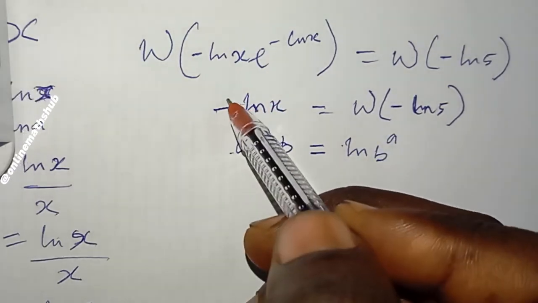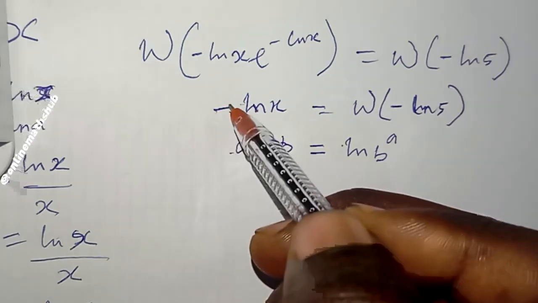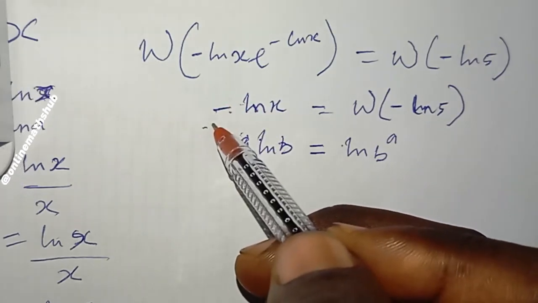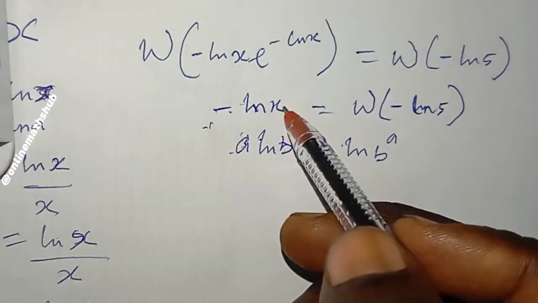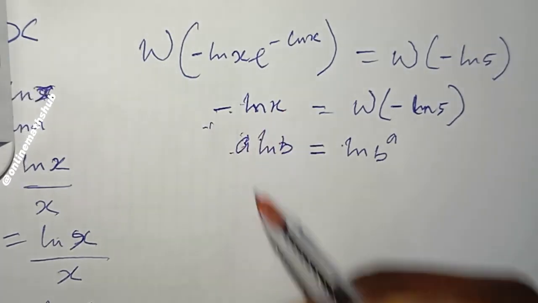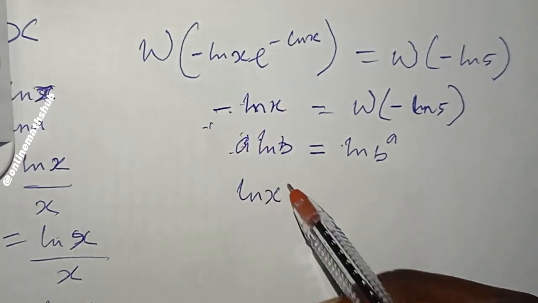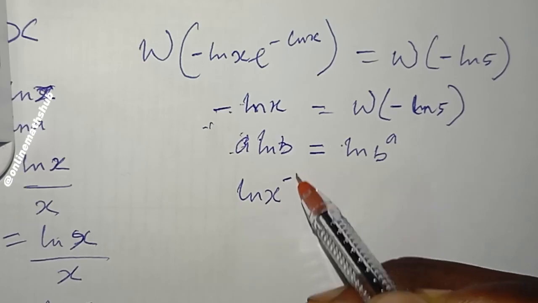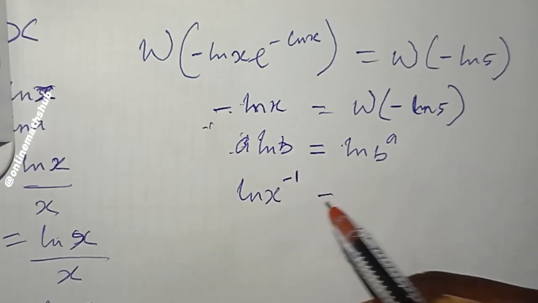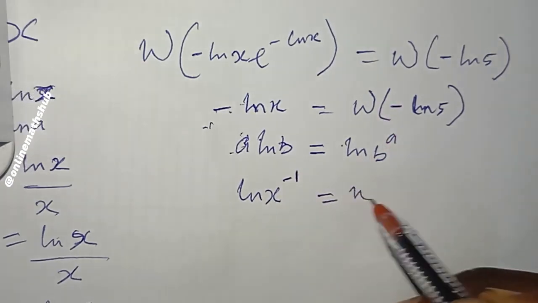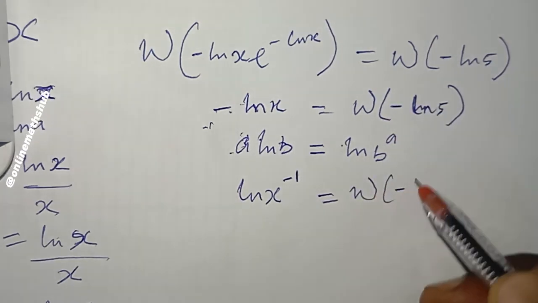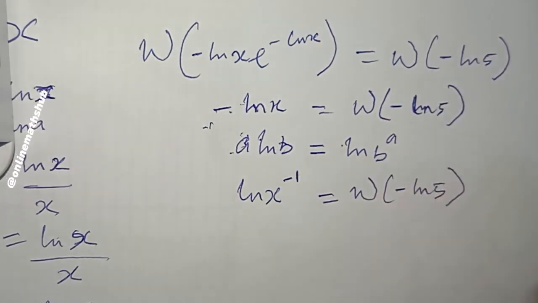In this case this negative here is actually -1, so I'm going to bring it to the power x, so that what I have is natural log of x to the power -1 is equal to Lambda function of negative natural log of 5.